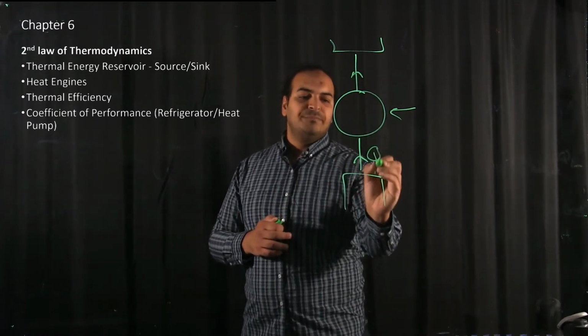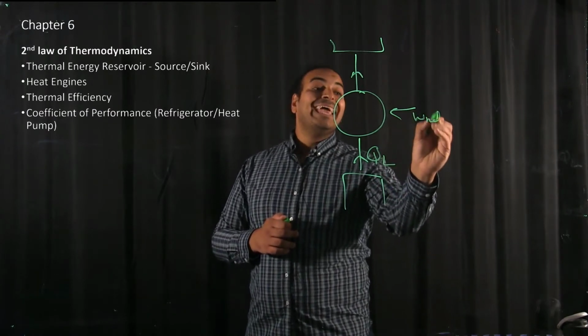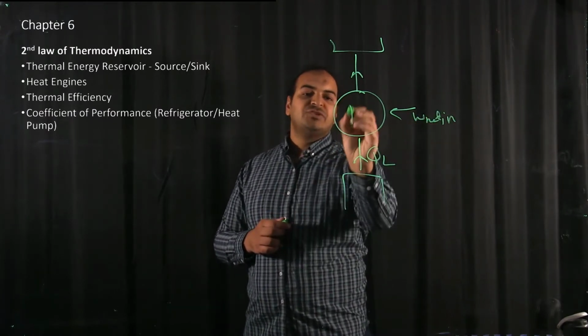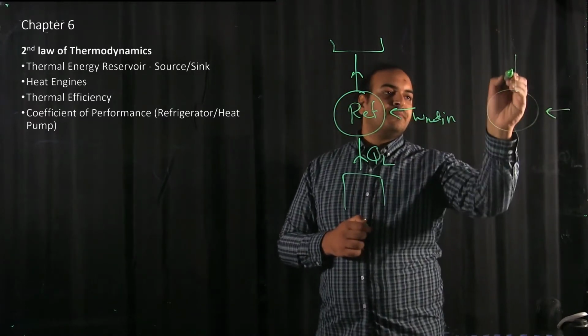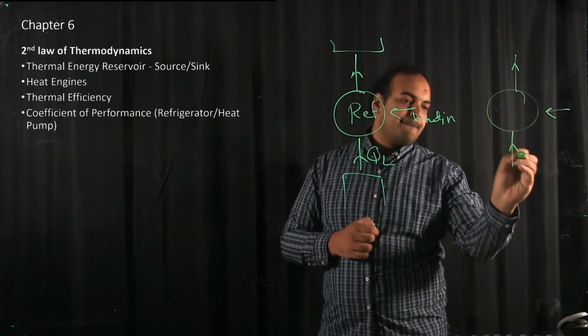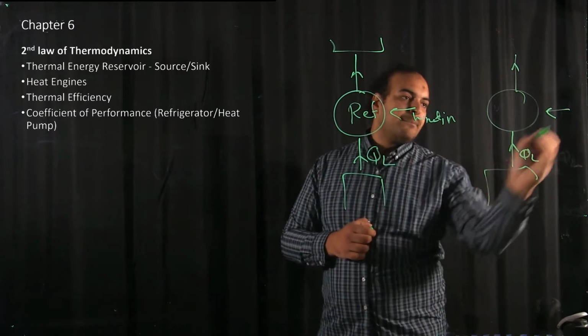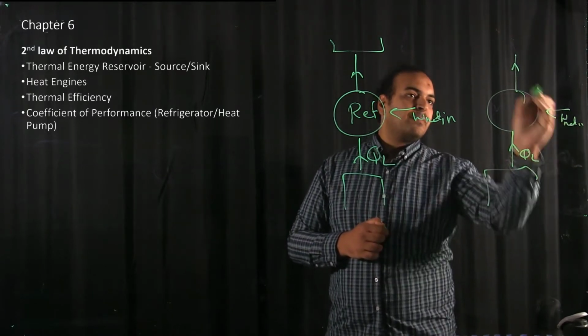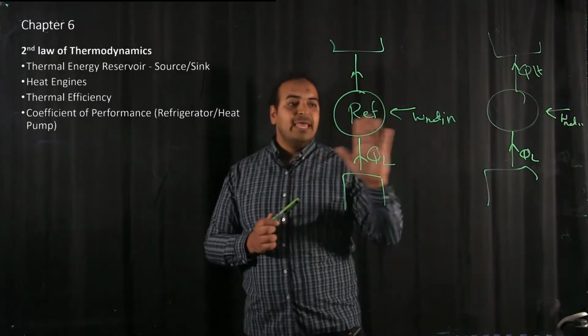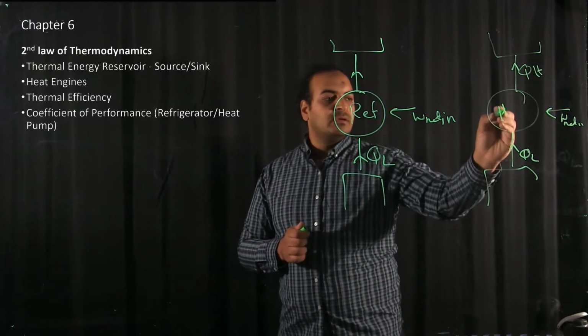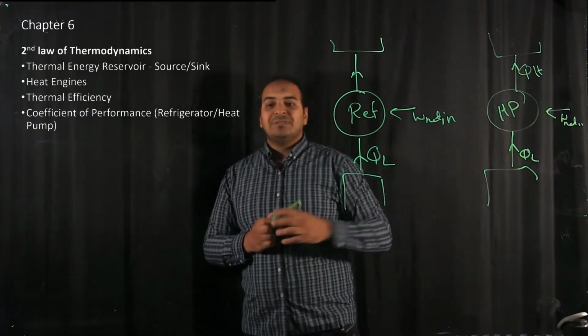So we have Q low and W net in, like a refrigerator or even a heat pump. Everything is the same as before, but with opposite signs.